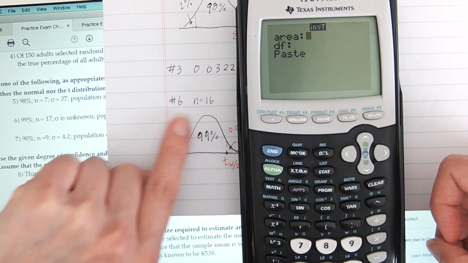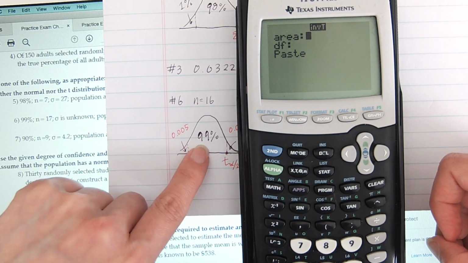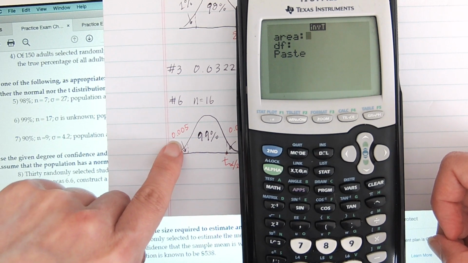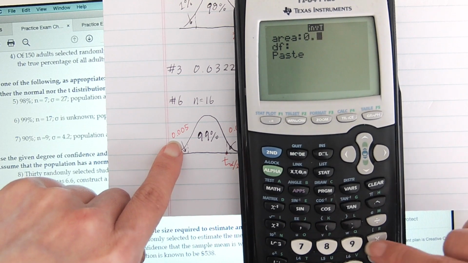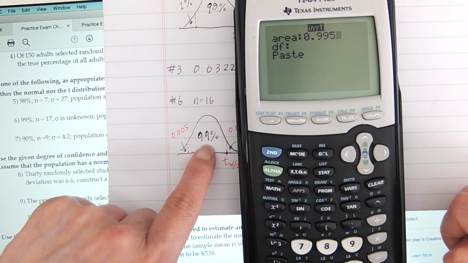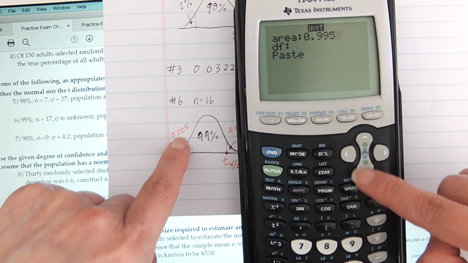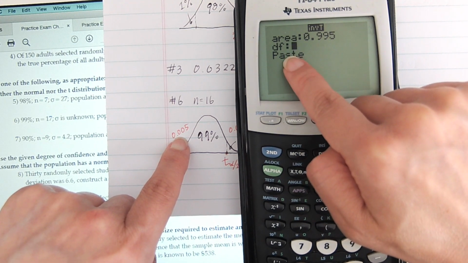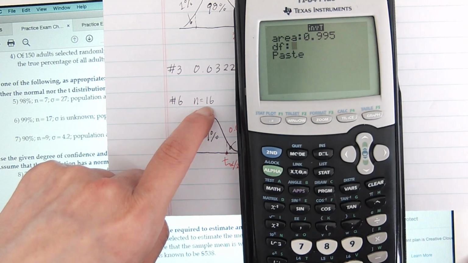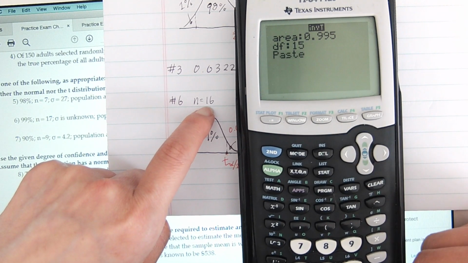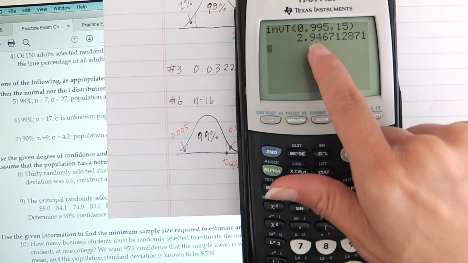It's 0.99 plus the extra 0.005, so 0.995. That's my left side area. What's the degrees of freedom in this case? It's not 16. You always have to subtract one. So it's 15. That should be my answer.